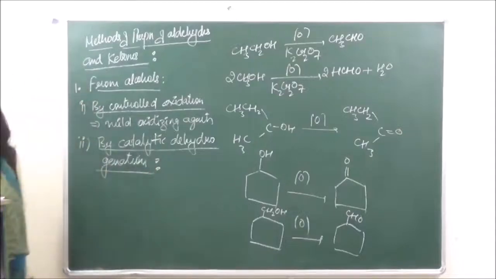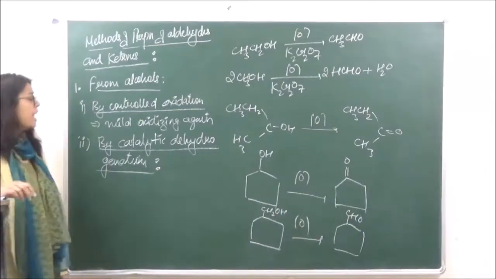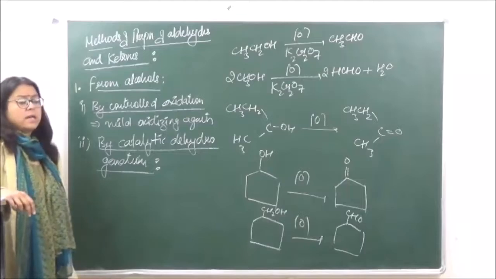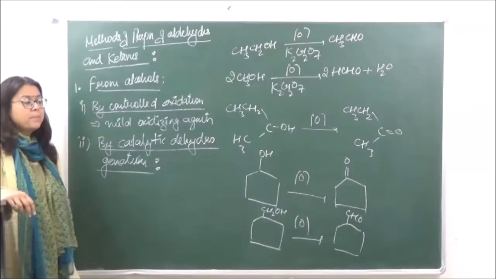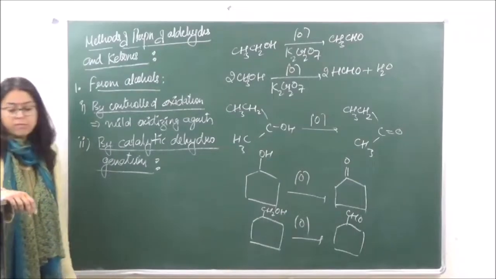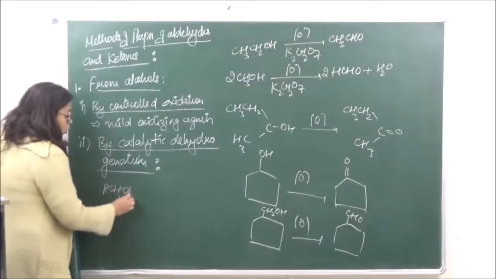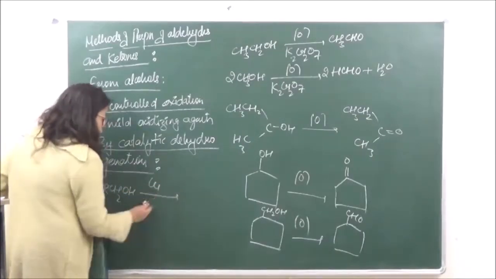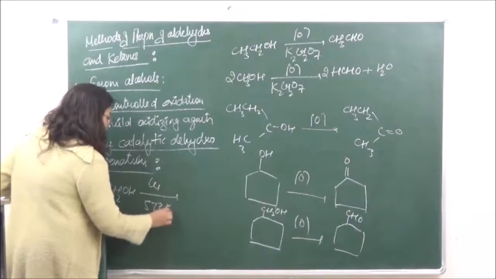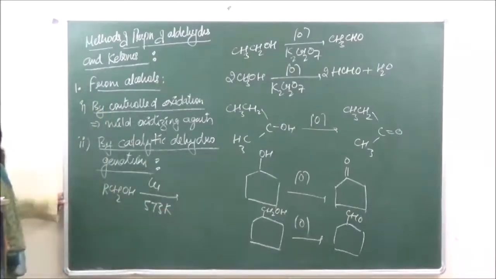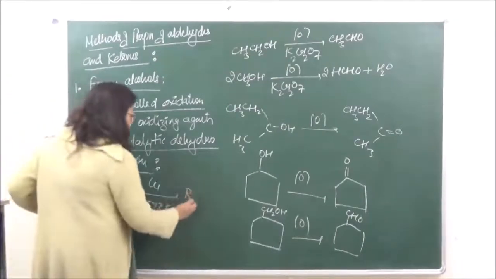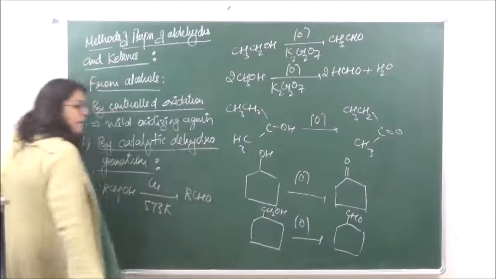Over here we are going to dehydrogenate in presence of copper at a temperature of 573 Kelvin. So we have over here our CH2OH in presence of copper at 573 Kelvin. If you are taking a primary alcohol over here, this is going to be converted into aldehyde.